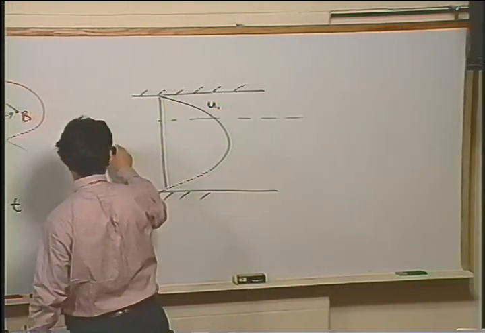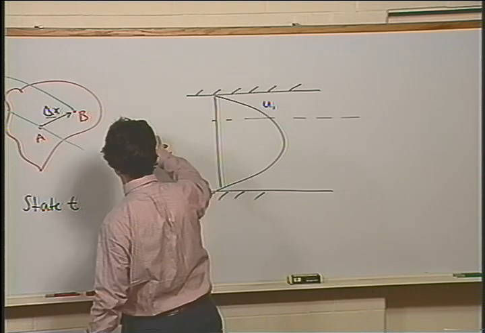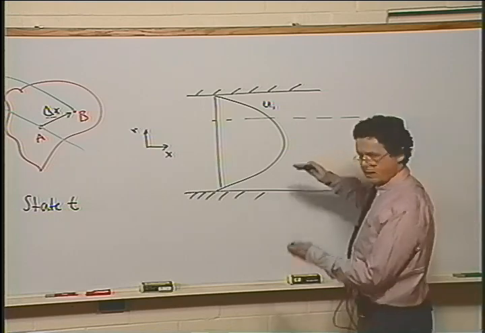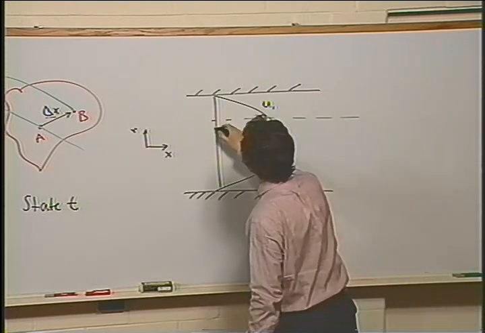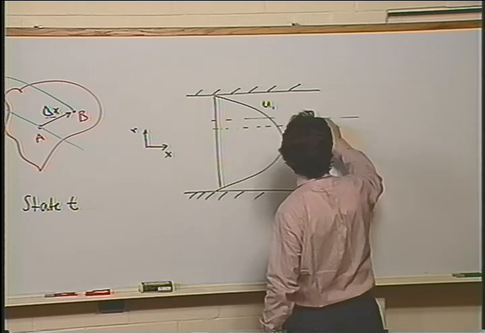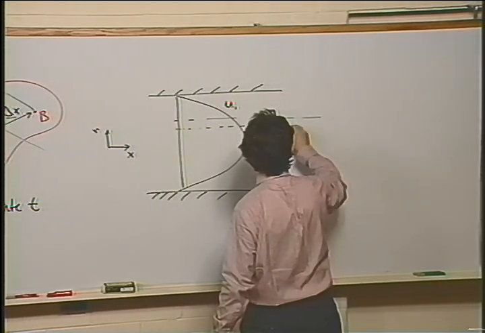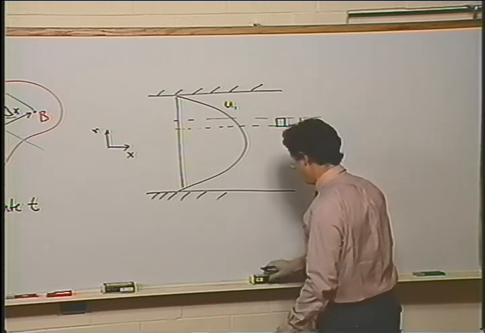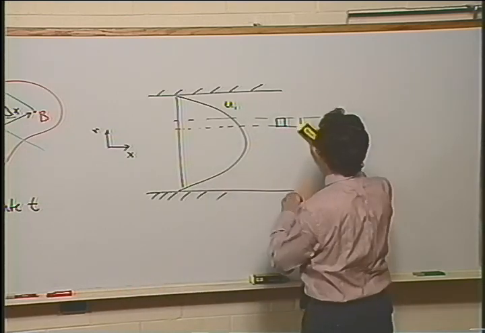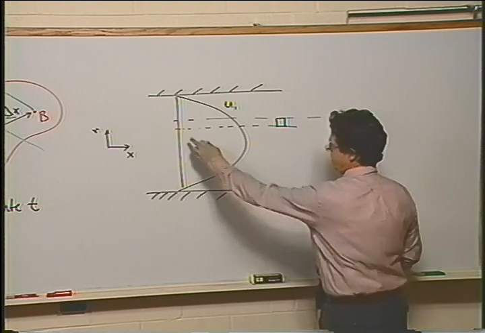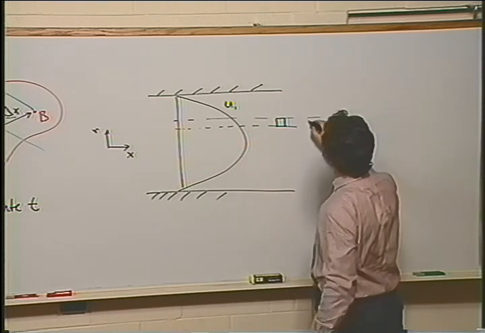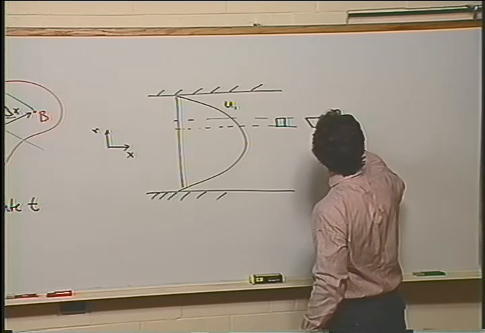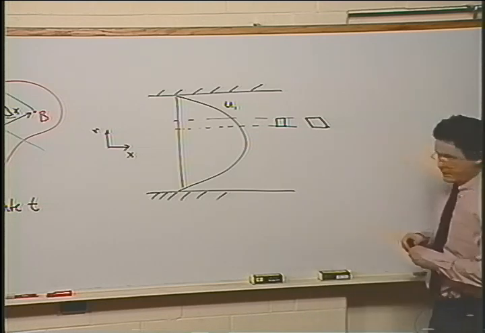Here this would be, say, X, and this would be some radius R. So the material element would move along here, but a material element has a finite size, so we could take a cube, say at some state, and then at a later state, this cube will be deformed because the velocity is higher on the bottom of that cube than on the top, and the material element will be sheared, has some angle like this.